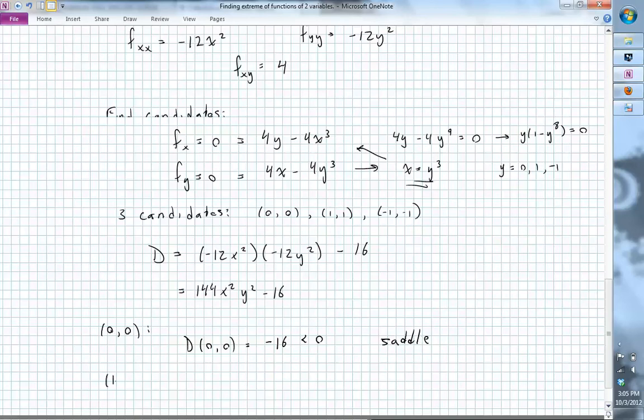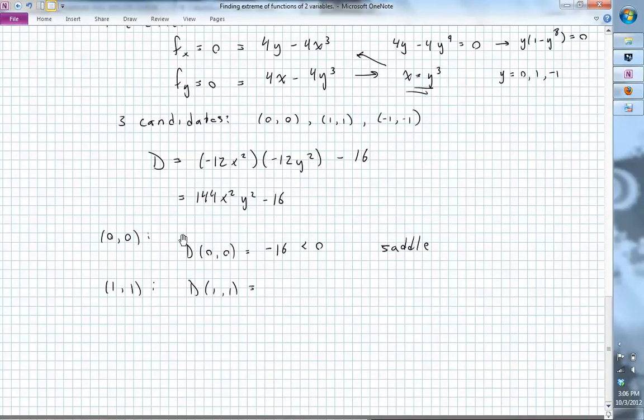Okay, let's do (1, 1). What's D of (1, 1)? Well, I don't know what it is, but what do we know about it? It's positive. And you don't have to compute the value if you don't want to. It's positive. So if it's positive, now what do we do?